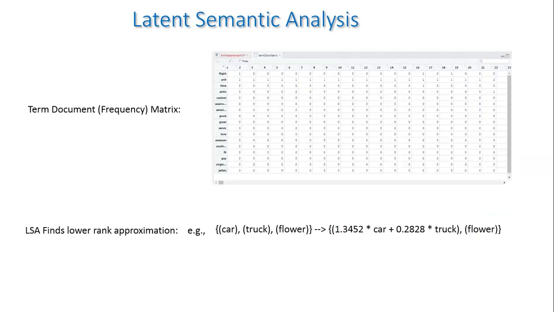Okay. In other words, what it does is it finds synonyms, similar words, or words that occur together very frequently, words that are highly correlated. And then it comes, for example, car, truck, flower.